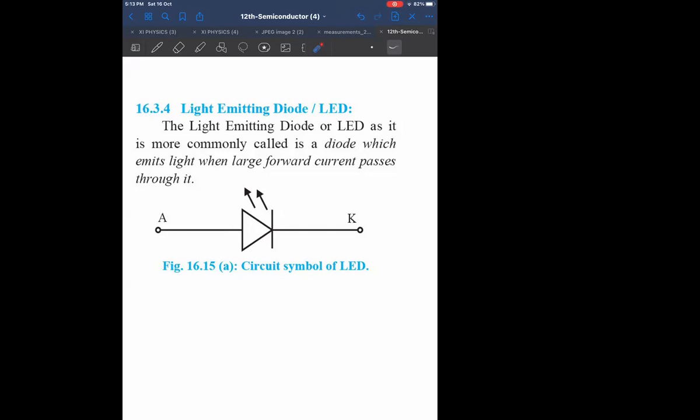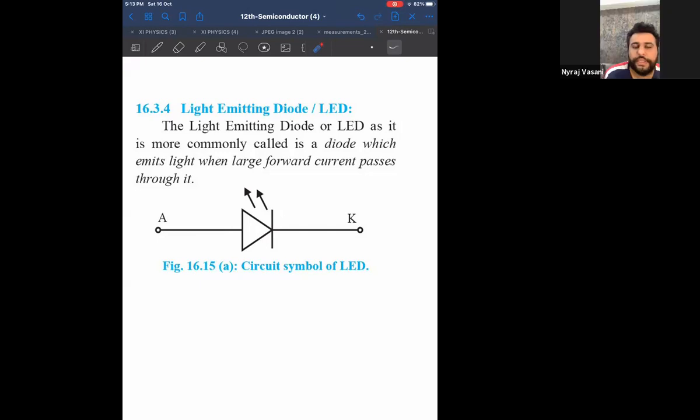So did you understand what is LED? I'll teach you the logic, what is the principle. So write down the side heading LED, and write down: LED is a diode, this much, and draw the symbol.